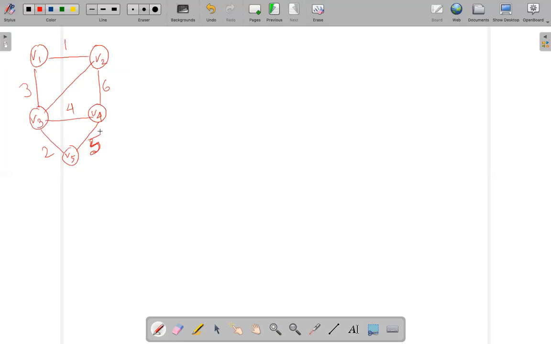Now, as we said, if we set Y to V1 initially, then the vertex nearest to Y, since Y is V1, should be V2, right? So it is V2.